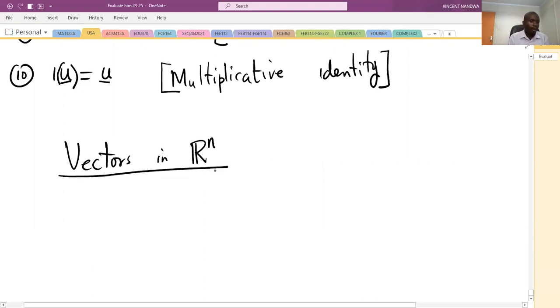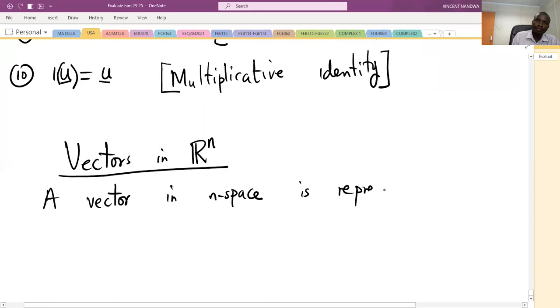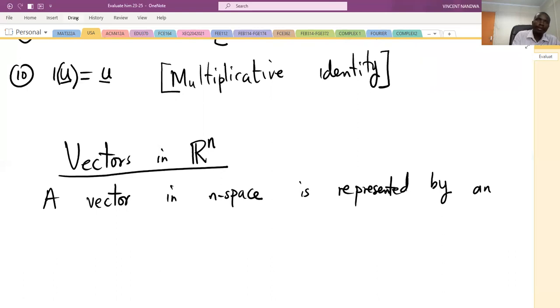A vector in n space is represented by an ordered n-tuple.